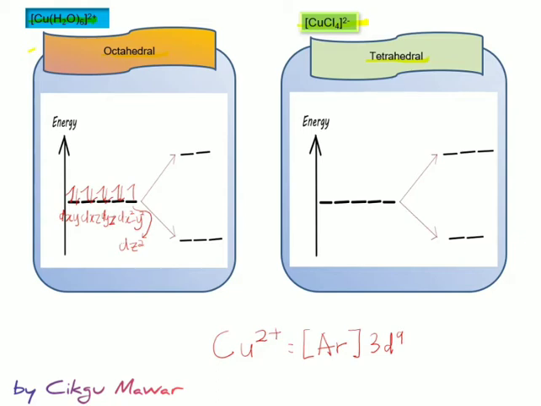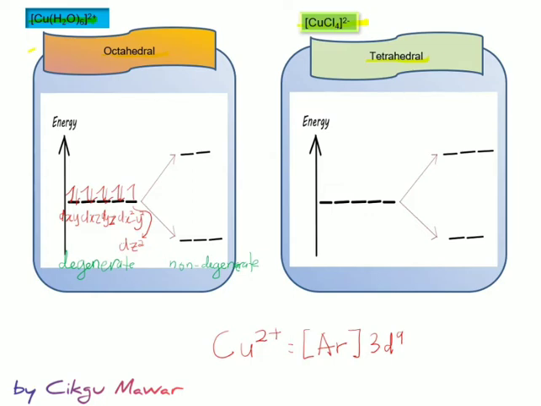When the aqua is present around the central metal, the degenerate orbitals automatically split into two sets. Here we call it a degenerate orbital, and with the presence of ligand it becomes non-degenerate, which means different energy levels.